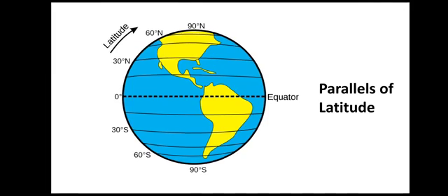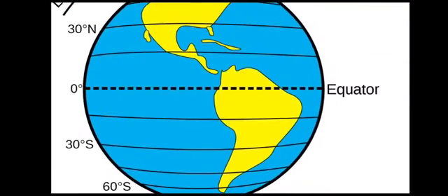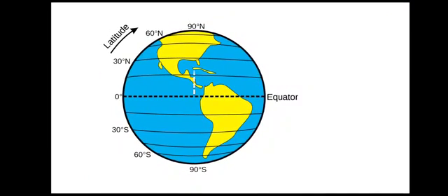The equator represents 0-degree latitude. The distance from the equator to either of the poles is 1/4 of a circle round the Earth. It will measure 1/4 of 360 degrees, that is 90 degrees.